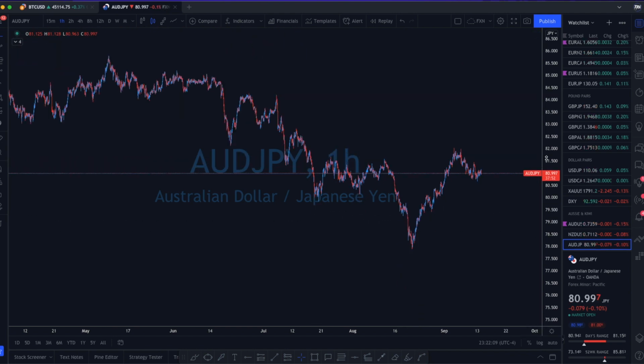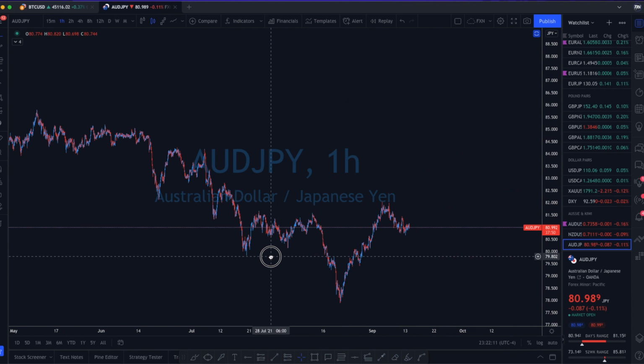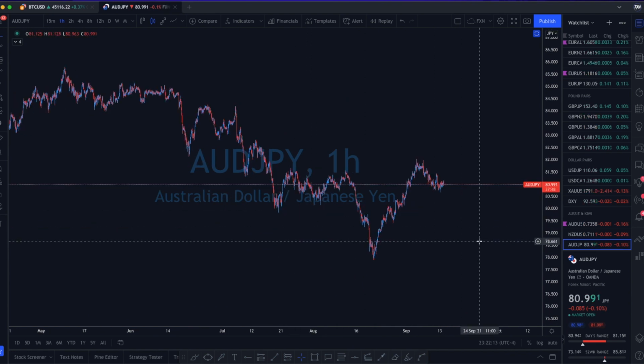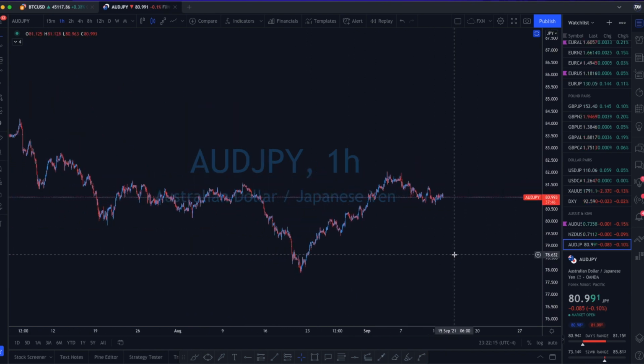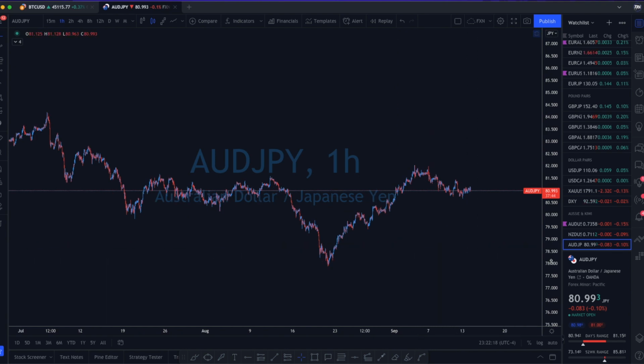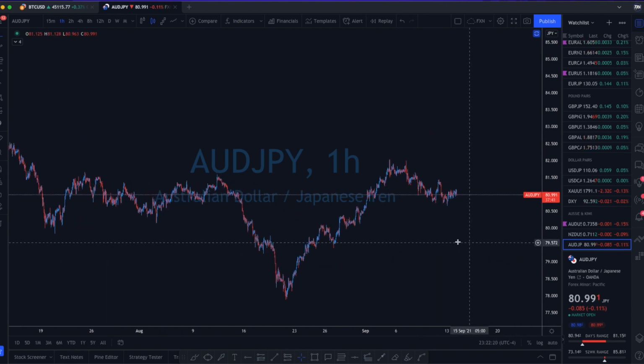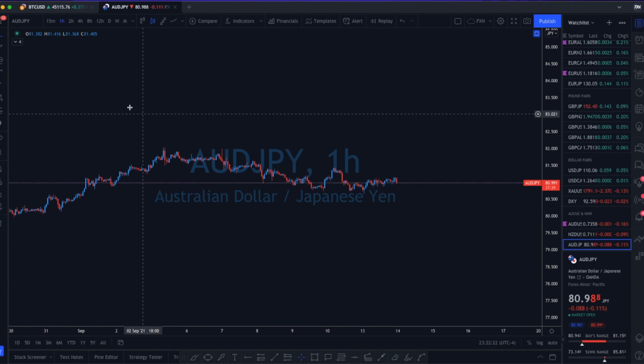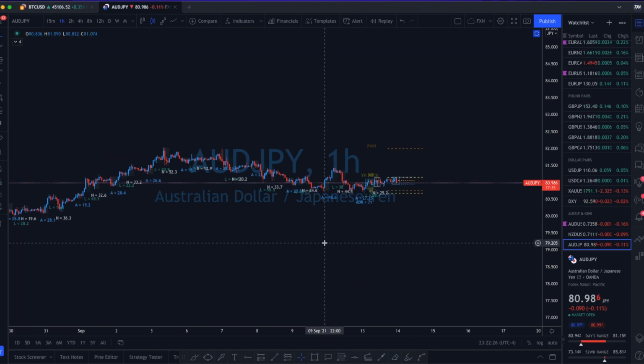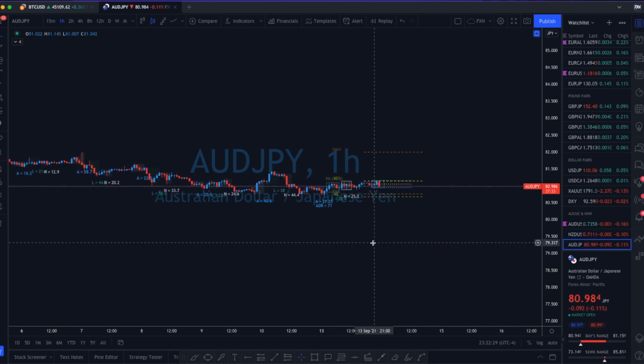This is on a 1 hour chart right now. The first thing I want to know about any pair is what's the average daily movement on this pair. To get that, I just turn on my indicator real quick. That's going to tell me what the ADR is.